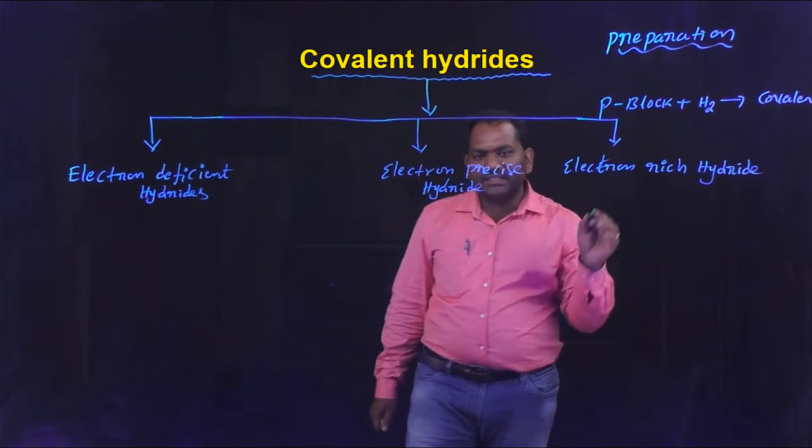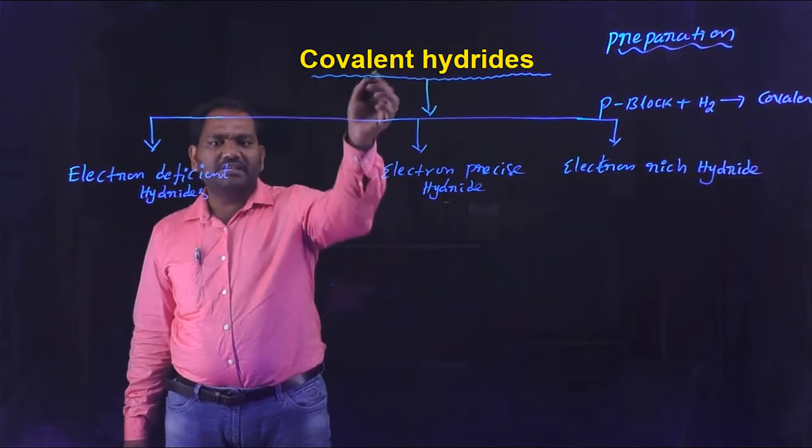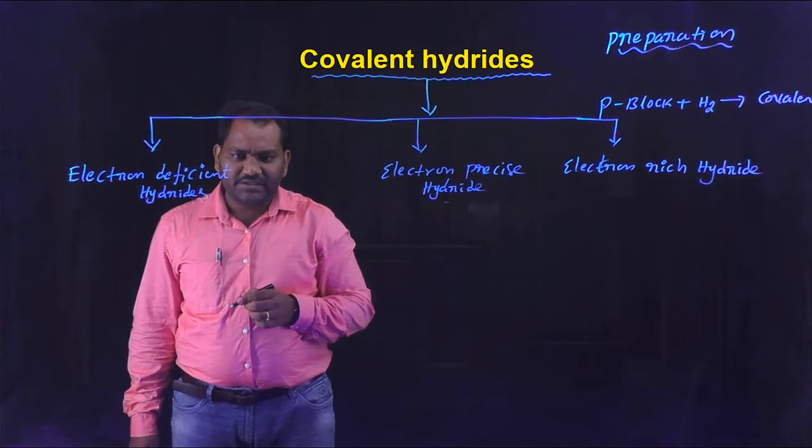So these are the three major types of hydrides present in covalent hydrides.